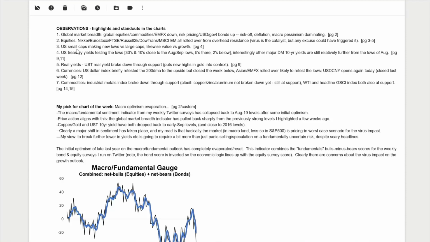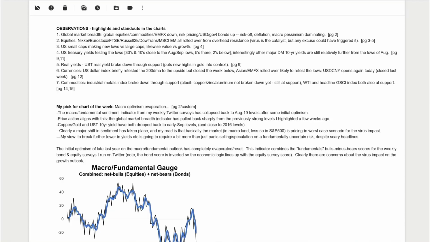Number 3 there, US small caps making new lows against large caps, and same thing for value versus growth. These are two of those things that we're probably going to do well this year, because if you did get this global synchronized upturn, which I think there's still a fairly good case to be made for, maybe it gets delayed a little bit, but those have gone on to new lows.